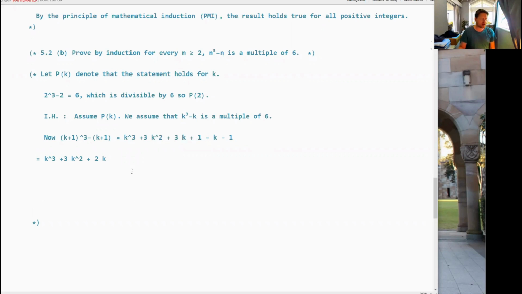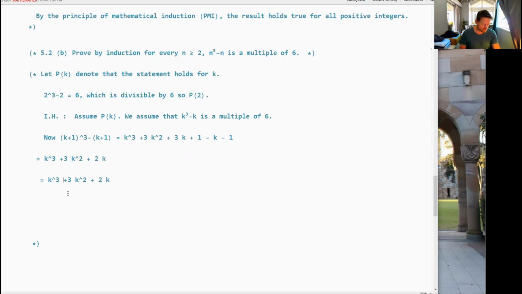All right, great, but now we have to relate this to k cubed minus k in order to use the induction hypothesis. Can we realize this within this? Yes, we can. We can just take that and put it there, provided we compensate for it.